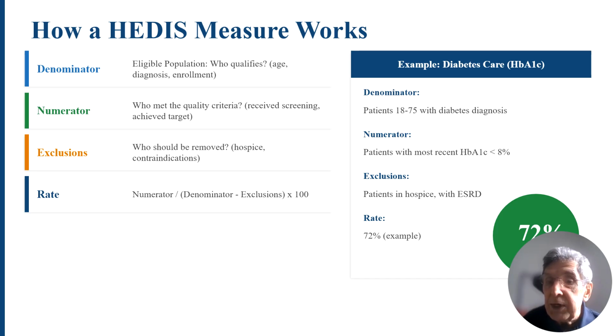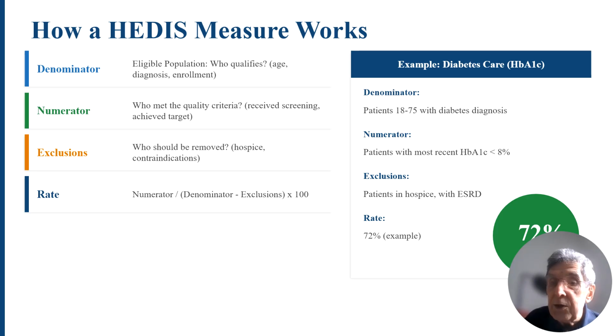For example, the comprehensive diabetes care hemoglobin A1C measure, the denominator is patients aged 18 to 75 with a diabetes diagnosis. The numerator defines who met the quality standard of the eligible patients who actually received the appropriate care. In our example, the numerator is patients whose most recent hemoglobin A1C result is below 8%.